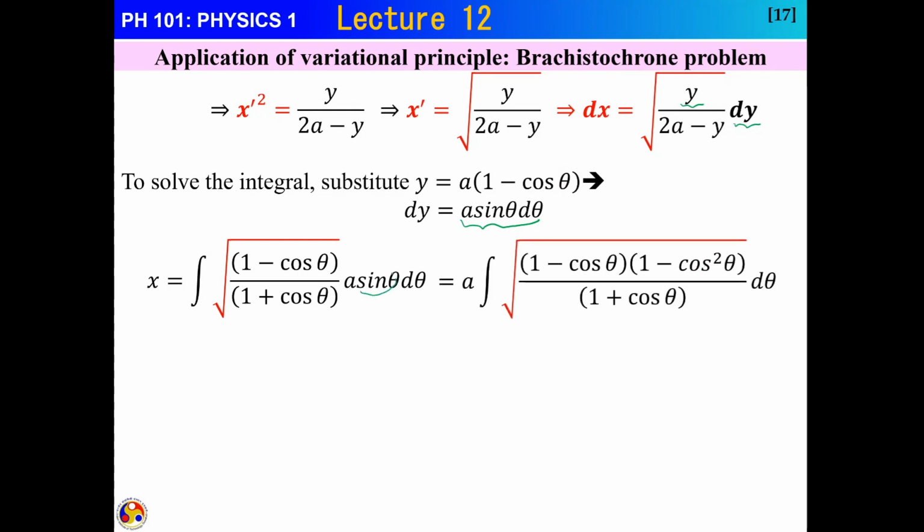So this is again nothing but a square minus b square. So we can write it as a plus b into a minus b.